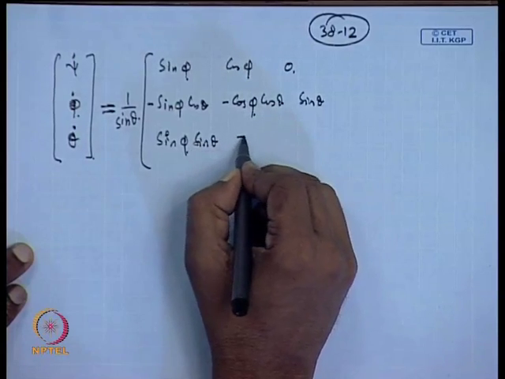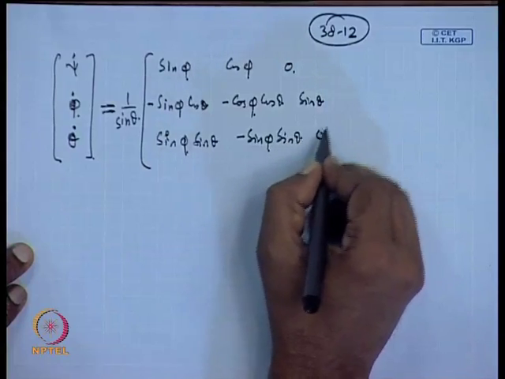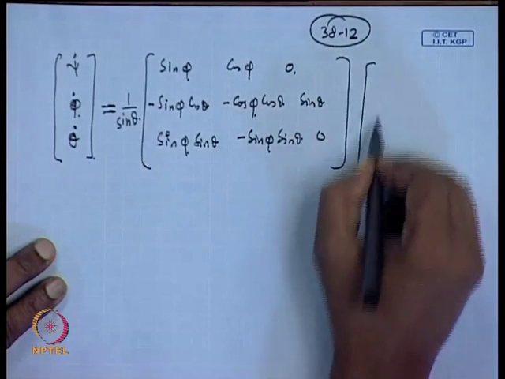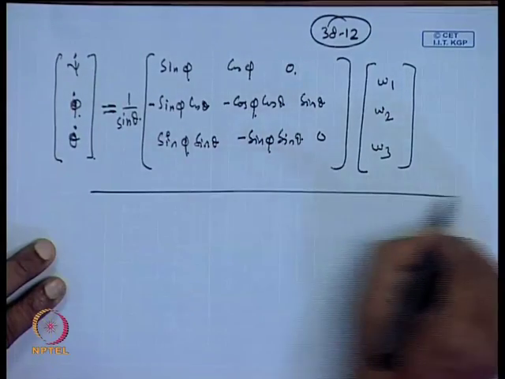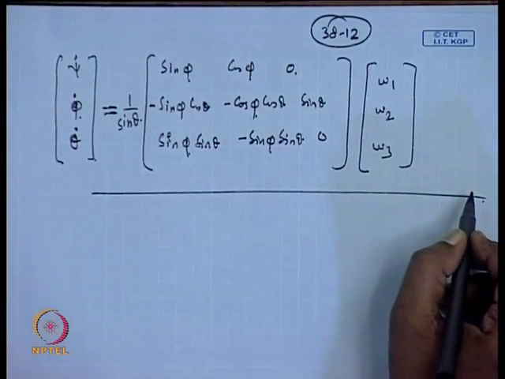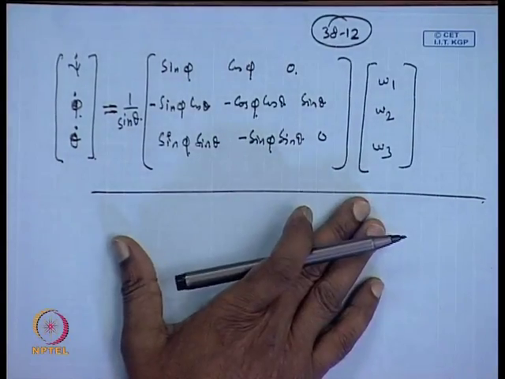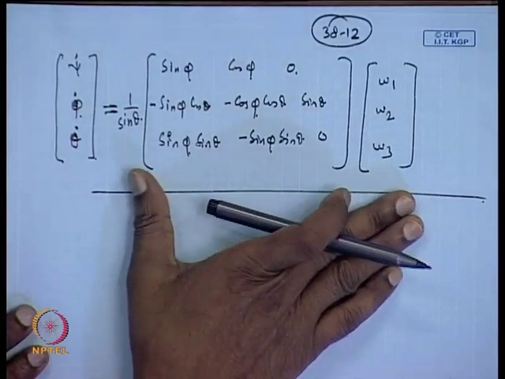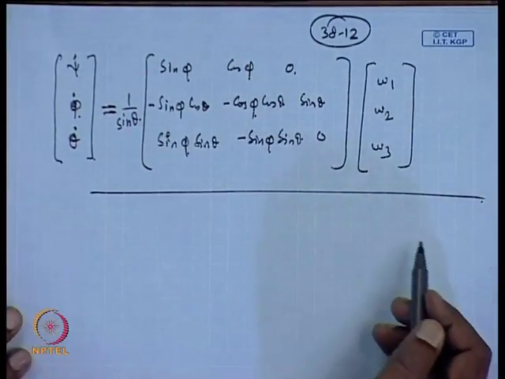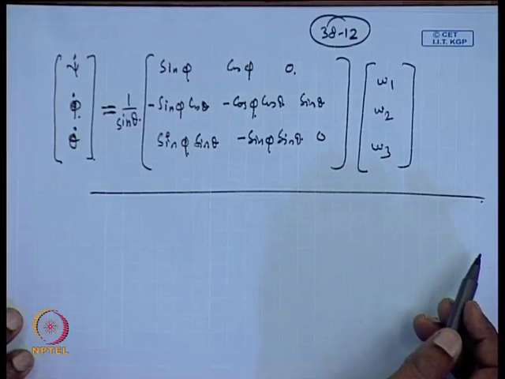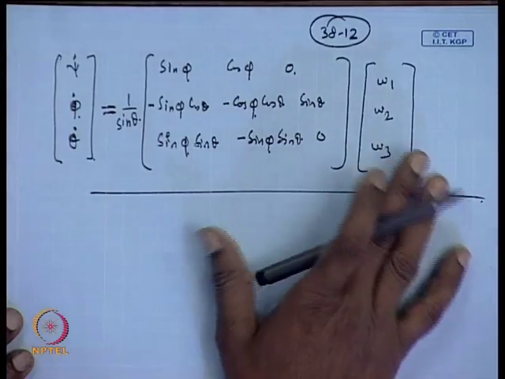Sin theta, minus sin phi, this to be multiplied by omega 1, omega 2, omega 3. Okay, so, this is the conversion equation. This will give you all the conversion equations, and alternatively you need to describe the psi dot, theta dot in terms of omega, and you will finally get the same kind of equation.